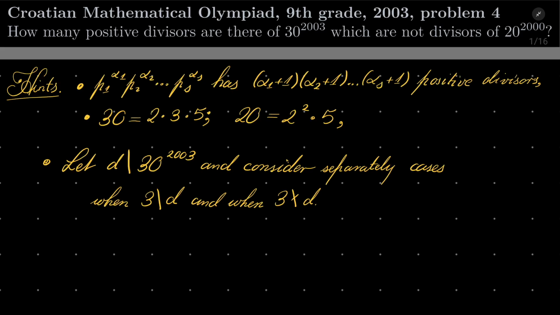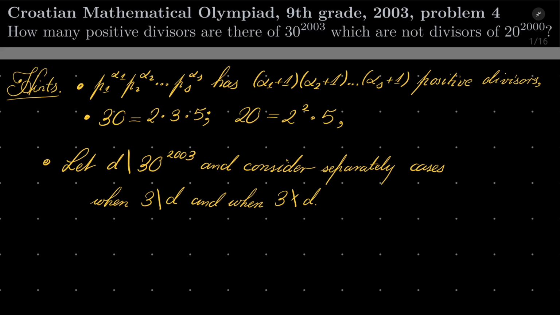First, notice that if you have a prime factorization of p1 to the power alpha 1, p2 to the power alpha 2, and so on, where p1, p2, and so on are different primes, then this number has (alpha 1 plus 1) times (alpha 2 plus 1), and so on, times (alpha s plus 1) positive divisors. Why is that?